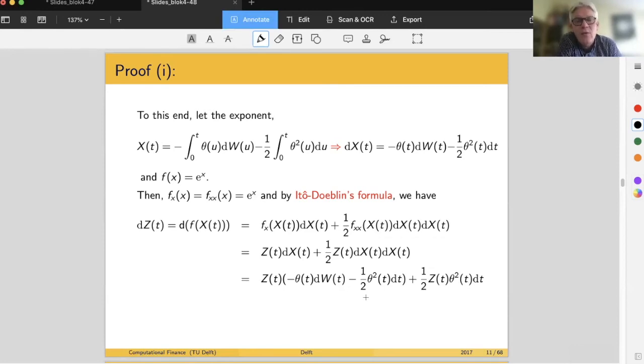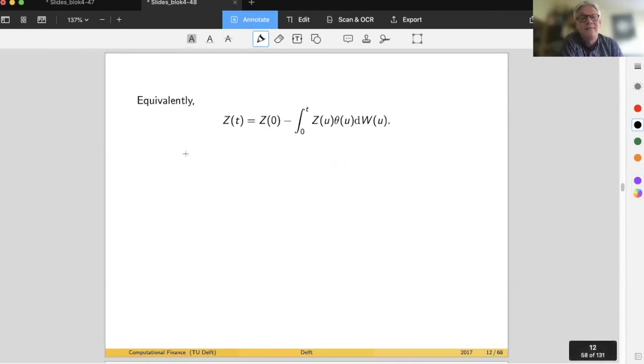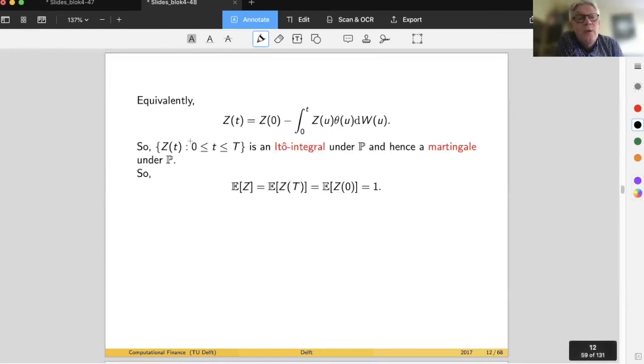So what do we have now? We have this term here, Z_t times minus 1/2 theta squared dt, and we also see that appear here. So they cancel out, and in fact what remains is minus Z_t theta_t dW_t, and that is what we want to see, right? That is an Ito process, and so equivalently, the integral formulation is like this. Z_t is equal to Z_0 minus the integral from 0 to t of Z_u theta_u dW_u, and this is an Ito integral.